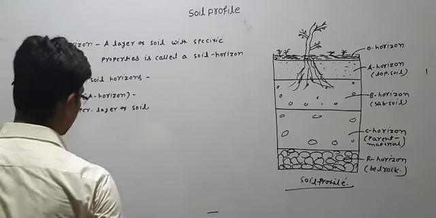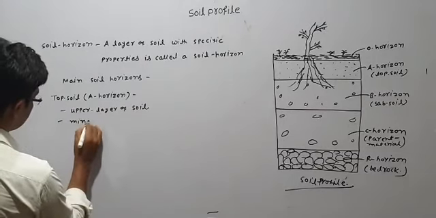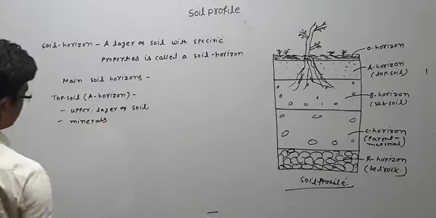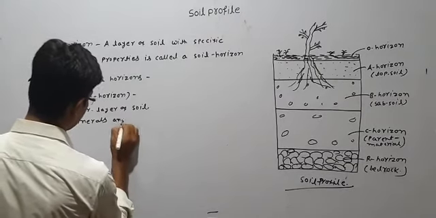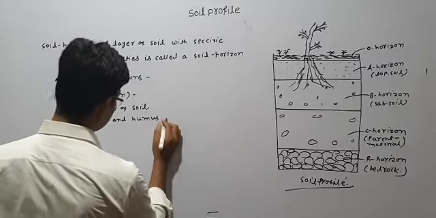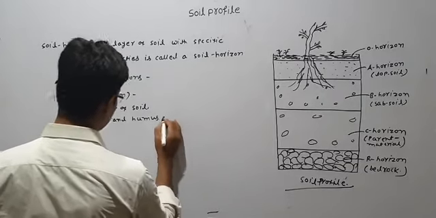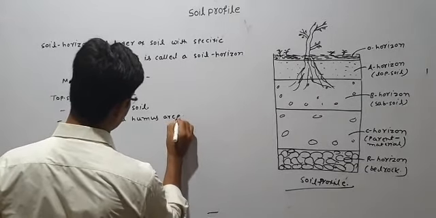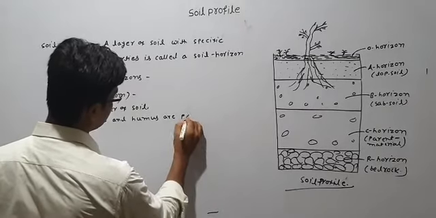Okay, then minerals and humus are present in this layer. Actually what happens, minerals and humus are present, that's why it is fertile.